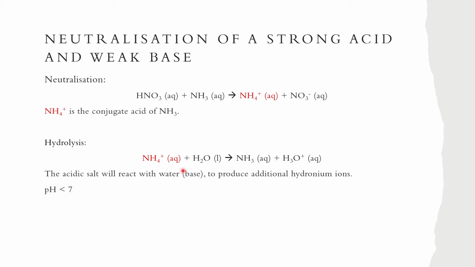Again, the conjugate acid interacting with the water, which acts as a base in this circumstance, remembering that water is amphiprotic. The formation of hydronium ions is going to drop that pH, only slightly. So what we end up with is an equivalence point where the pH is not going to be exactly 7.